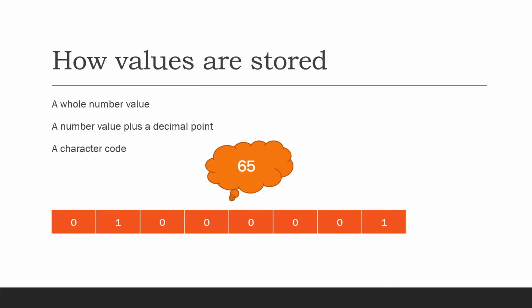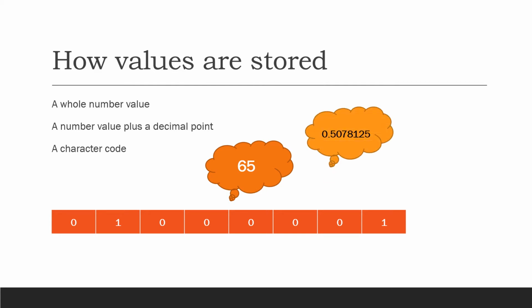If a variable is of an integer data type, this pattern of bits would represent the number 65. It could also be used to represent a decimal value. In this case, one pattern of bits would represent the digits of the value and the other would represent the position of the decimal point.